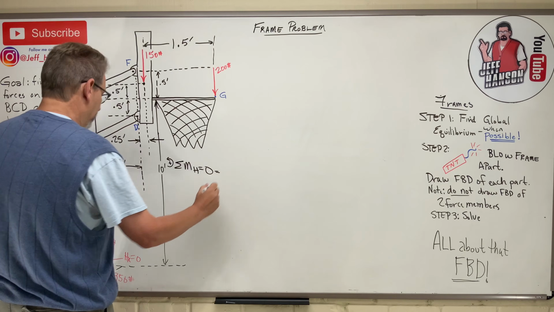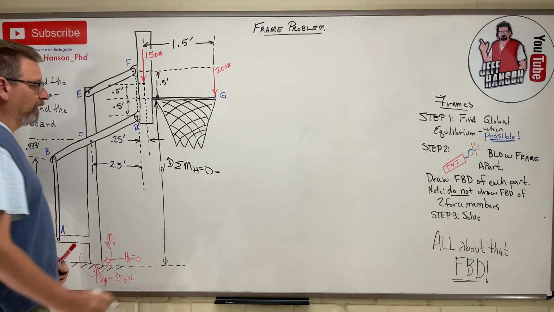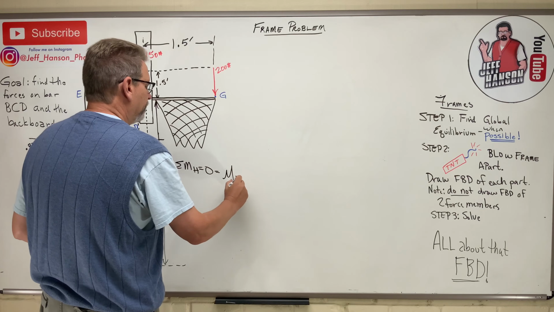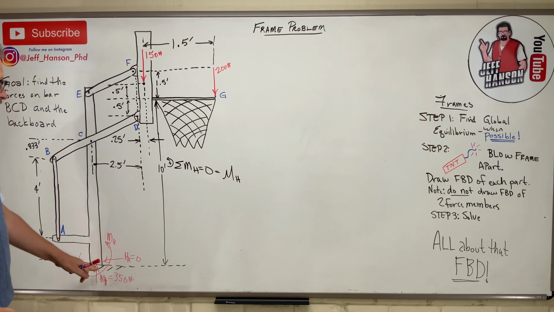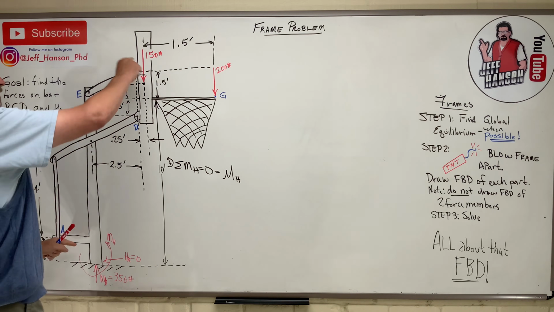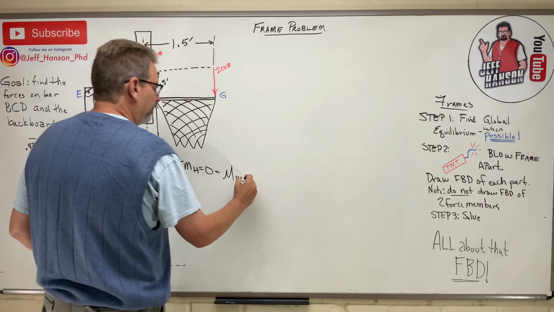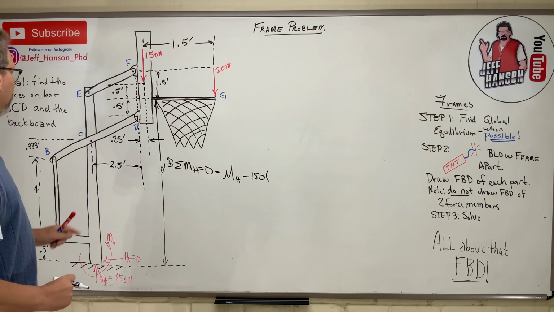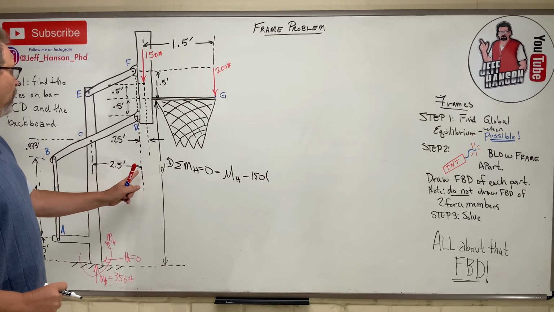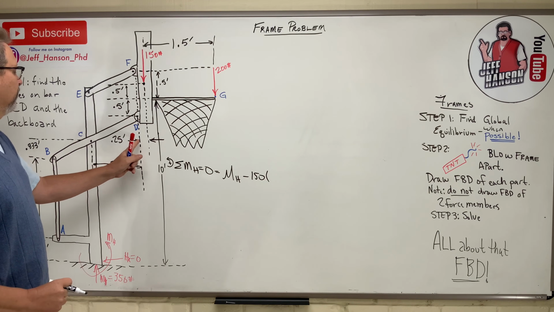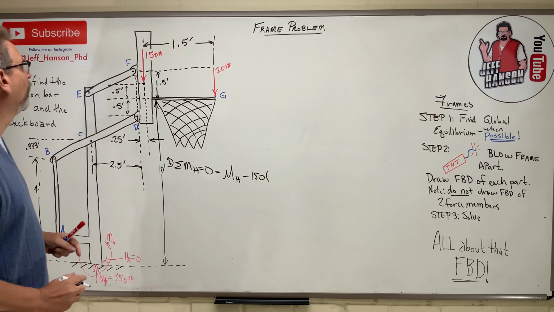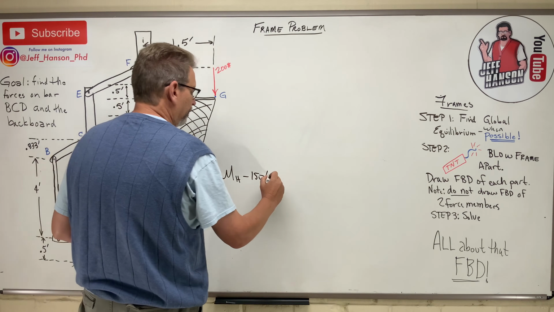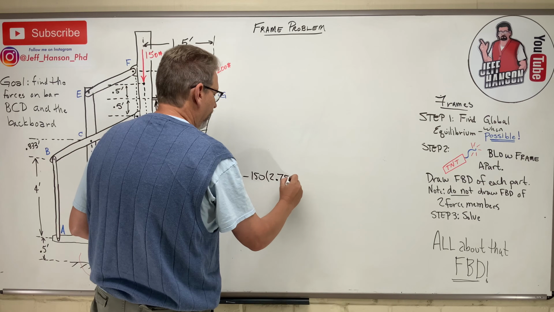Okay, and what do we have? We have MH, which I drew positive, so MH, okay? All the rest of this is knocked out, so I only have two forces. So I have 150 rotating me negative, so minus 150 times how far away? Let's see, 2.5 plus 0.25. How about 2.75? Okay.